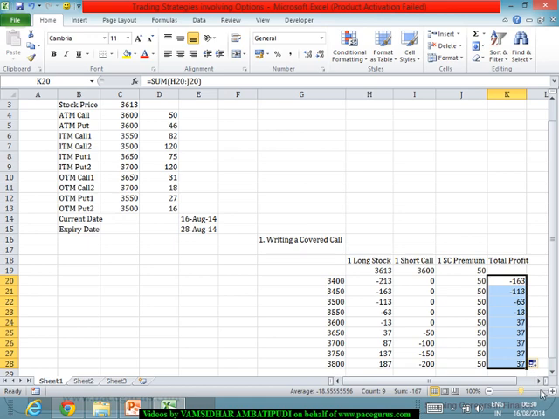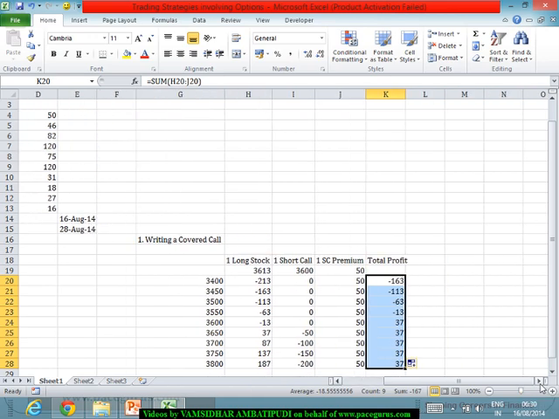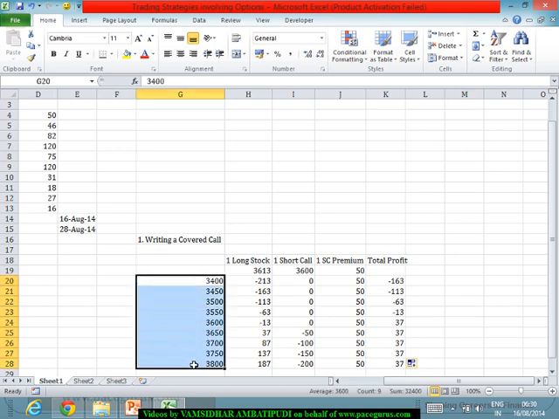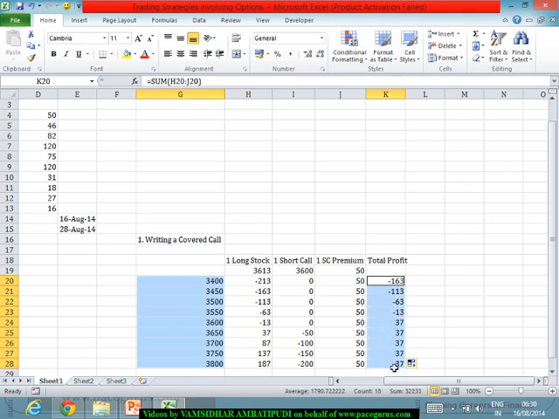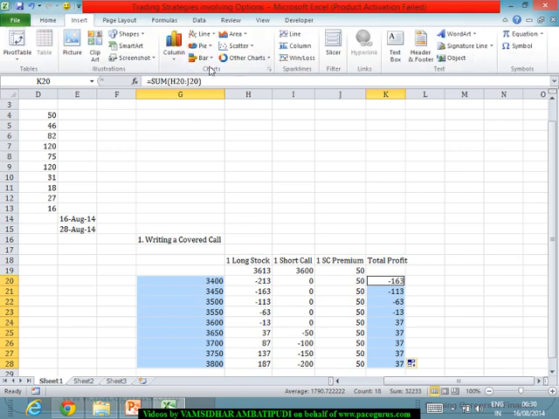So this is the profit if the stock price is touching different kinds of levels. So if I try to plot a simple graph taking the stock prices on the expiry date and the total profits, let me see what kind of chart I'm going to get.